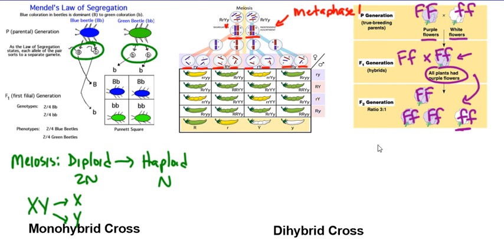So 3/4 purple, 1/4 white after showing that hybrid cross. So just understanding that purple was dominant over white. I used F for that and lowercase f for here. And we see that through 2 different generations of crosses.